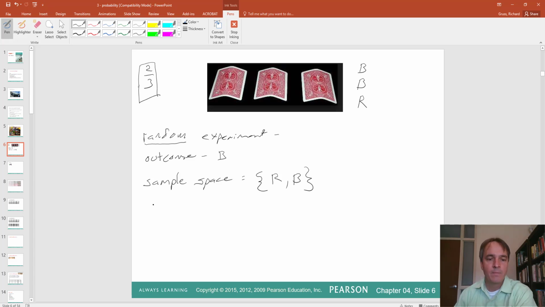Okay. Now, we also have what's called an event. An event is some set of outcomes that we can assign a probability to.